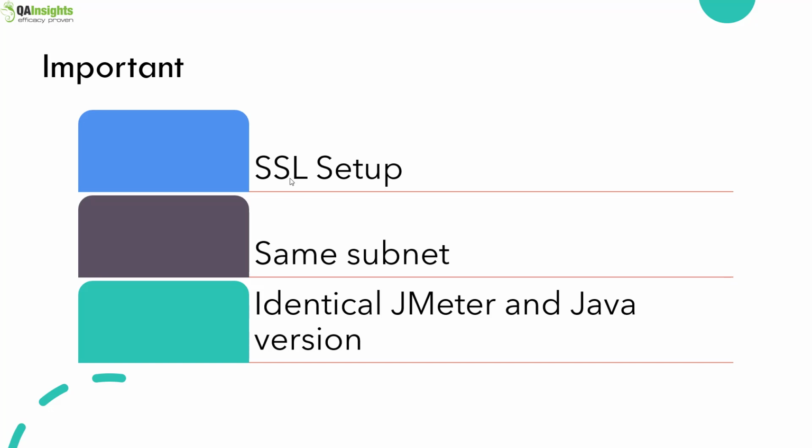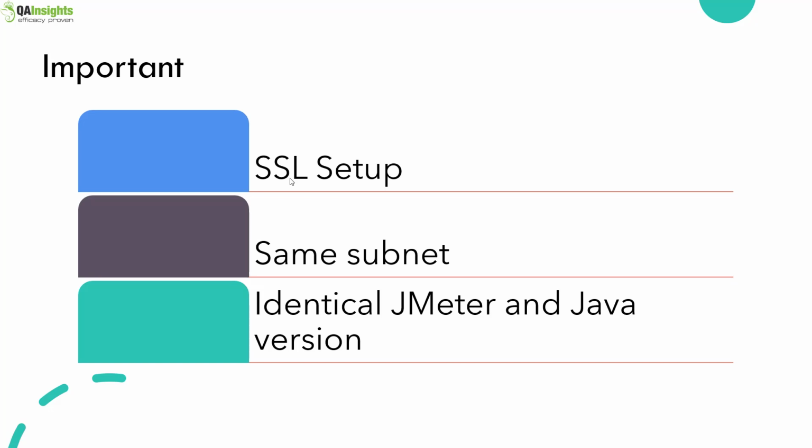And make sure you have the machines in the same subnetwork. In Windows, if you go to command prompt and type ipconfig, you can see the subnet mask, and you can calculate whether both the machines are in the same network or not using some calculator. I will put the link in the description.